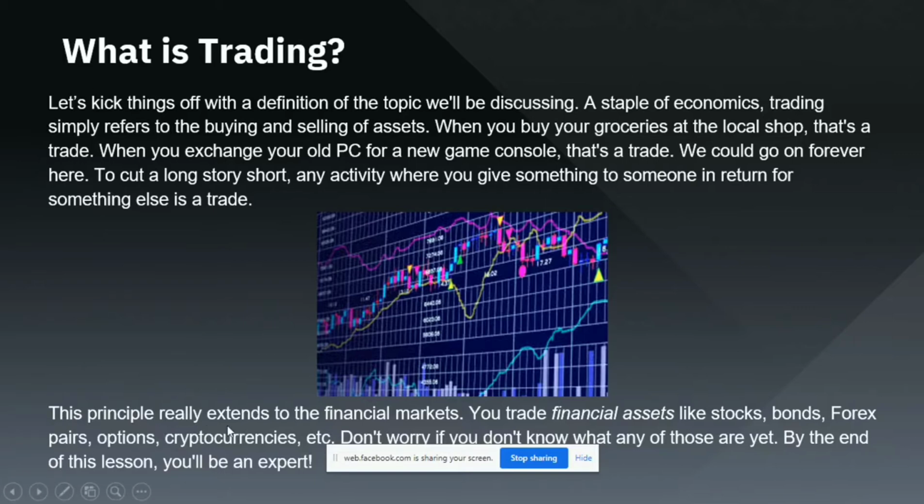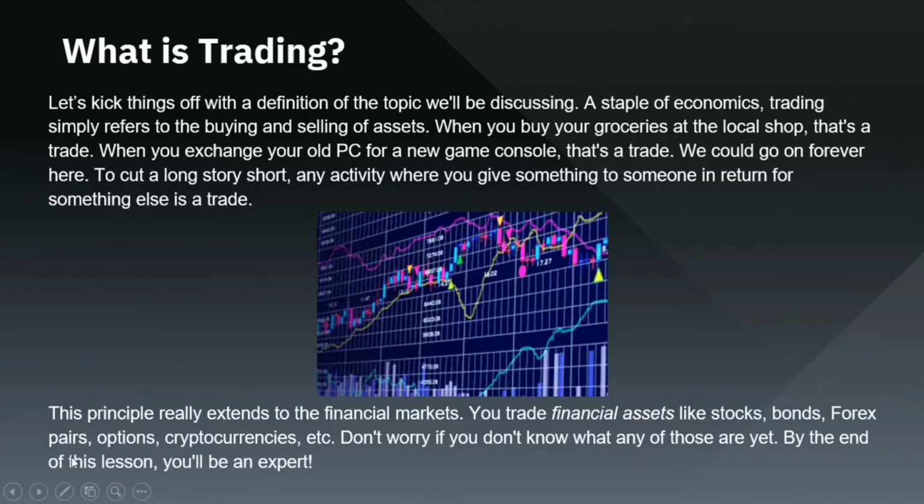Now, this principle extends to the financial markets. You trade financial assets like stocks, bonds, forex pairs, options, cryptocurrencies, etc. This class is all about cryptocurrencies, but in the financial market, we don't only trade cryptocurrencies. We also trade other assets like stocks, bonds, and forex, foreign exchange.